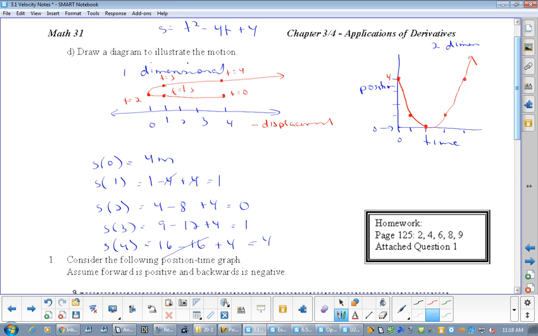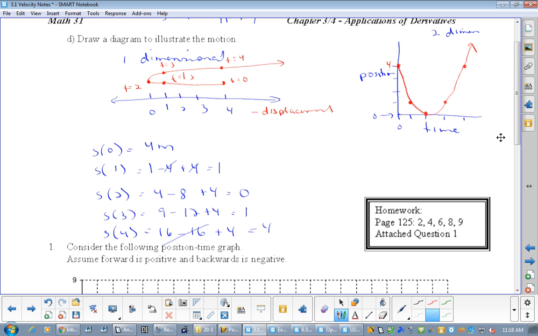And then for me, because I've been so used to slope being my derivative, I can see where I have negative velocity, 0 velocity, and positive velocity. So if I have positive position and positive velocity, do you see I'm going away from the origin, and that's always the origin.